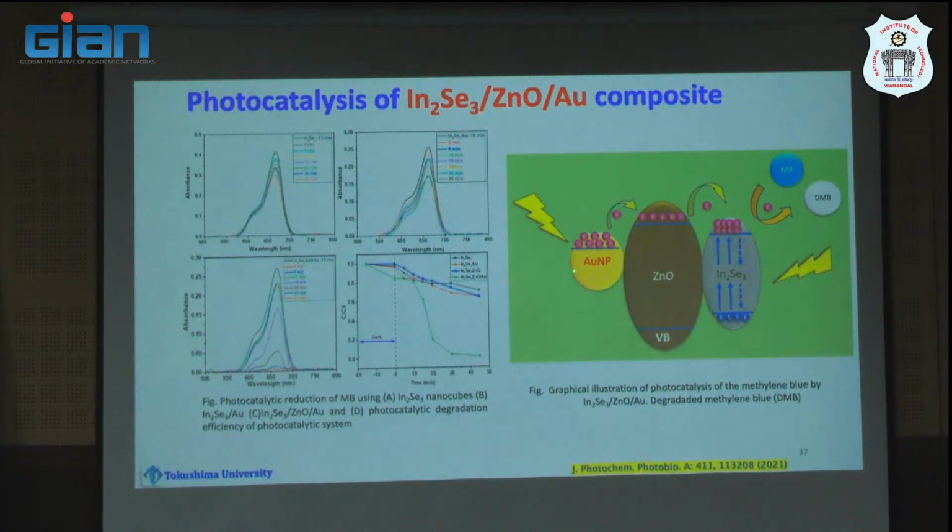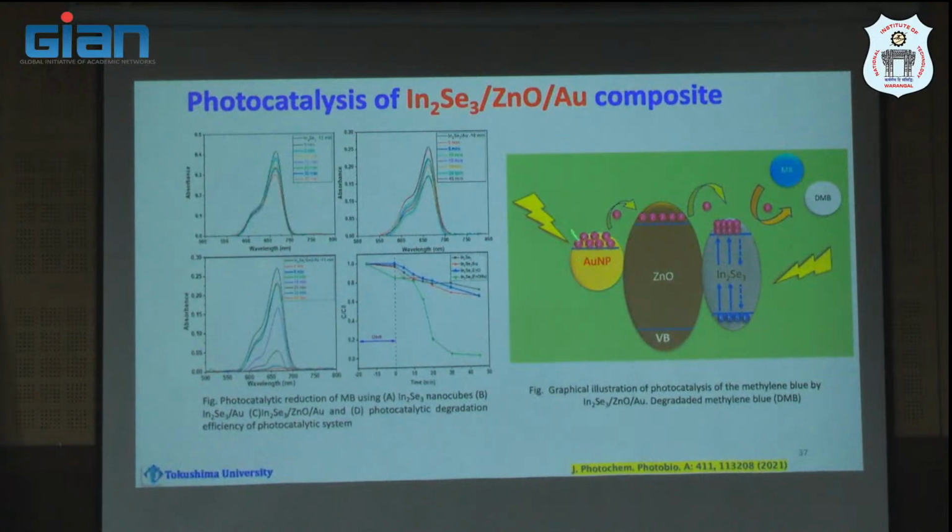What is the role of Ag here? Ag can transfer the electron to the zinc oxide, then from zinc oxide to indium selenide, and then indium selenide can help to carry out the photocatalysis process. So this process of transportation happens quickly with the help of this metal.